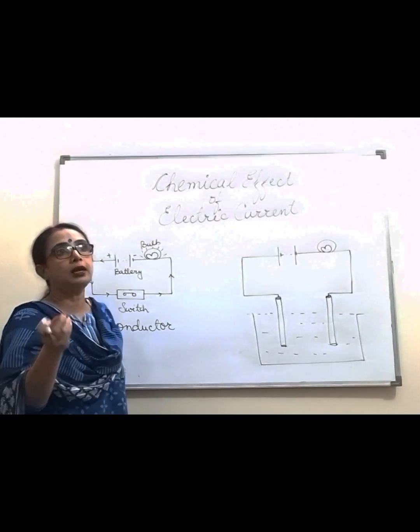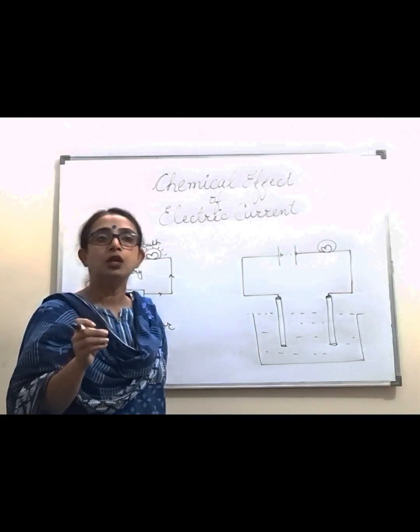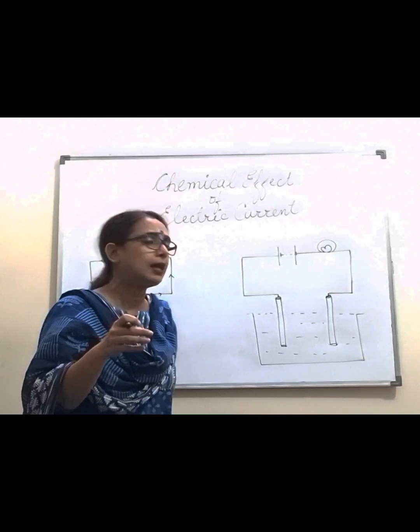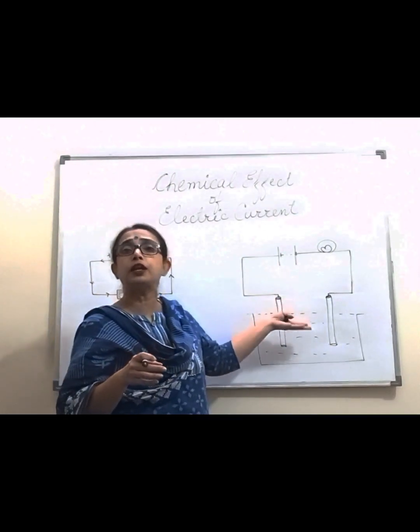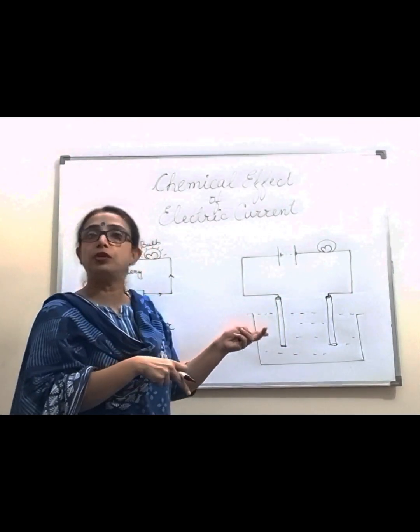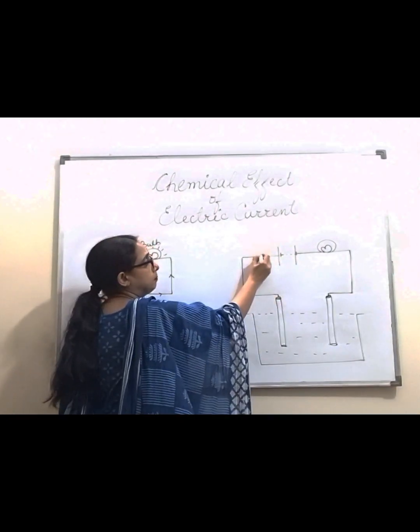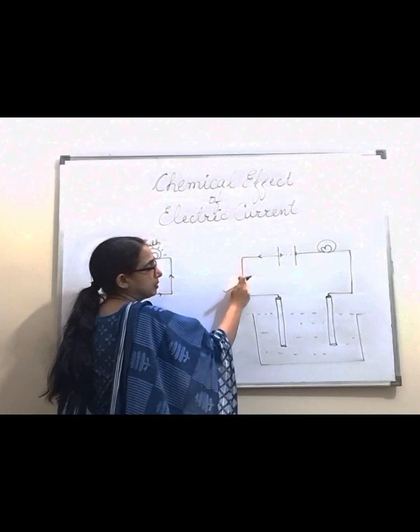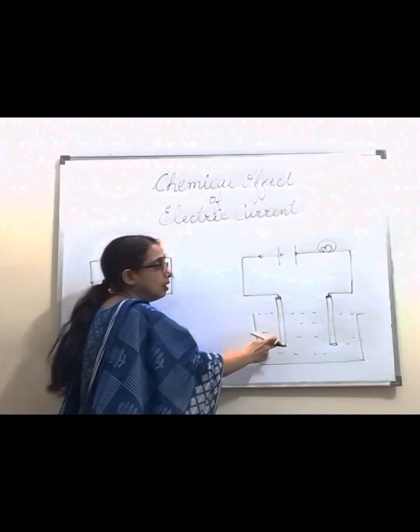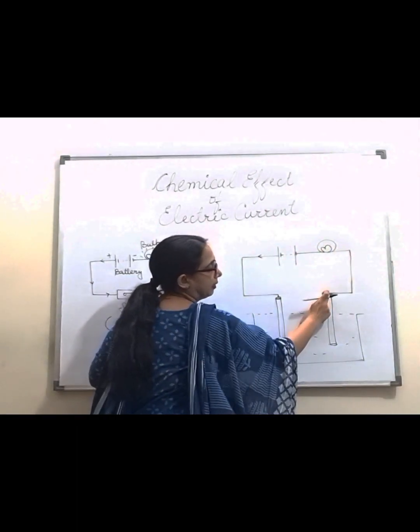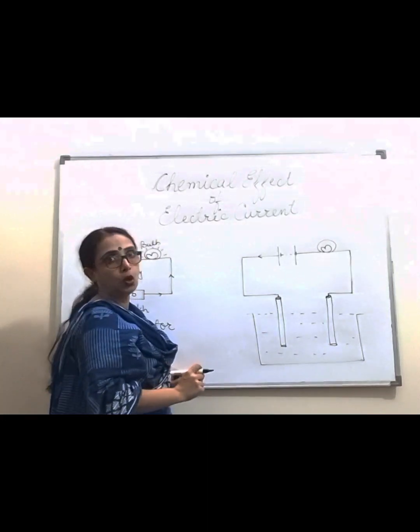You can use a nail, for example, or a safety pin, and this can be very easily done at home. The positive end of the battery is connected to this rod, and the negative end of the battery is connected to this rod.